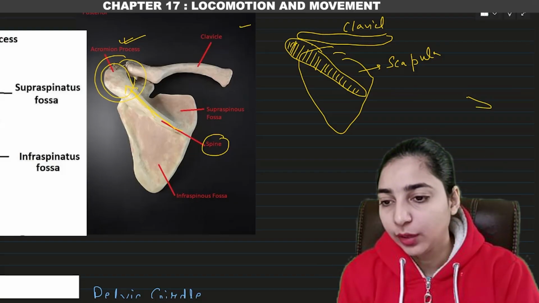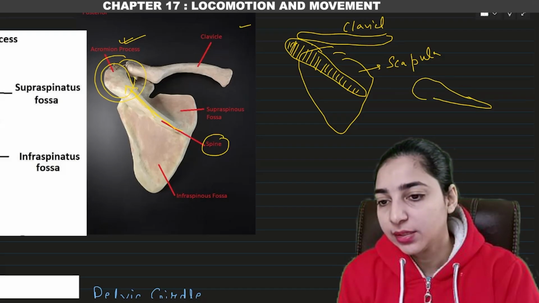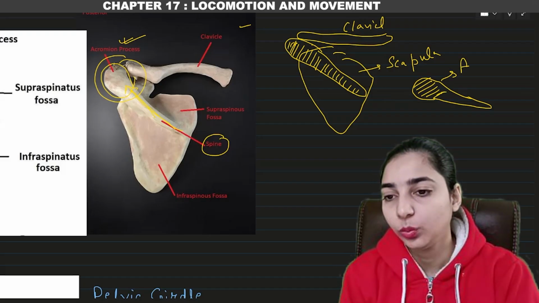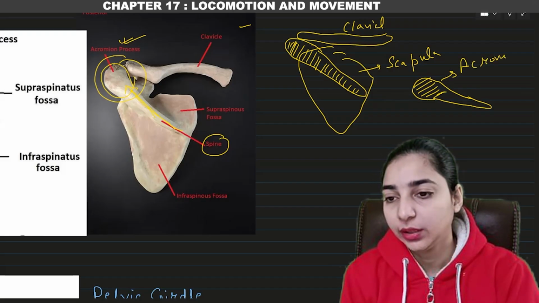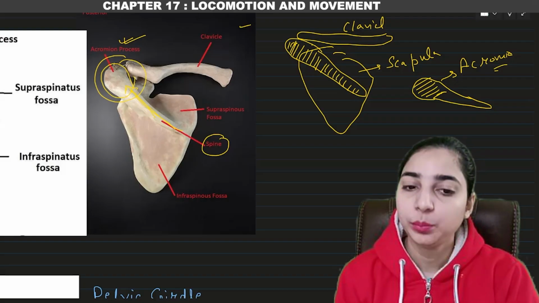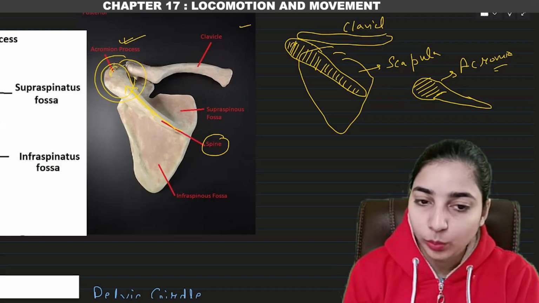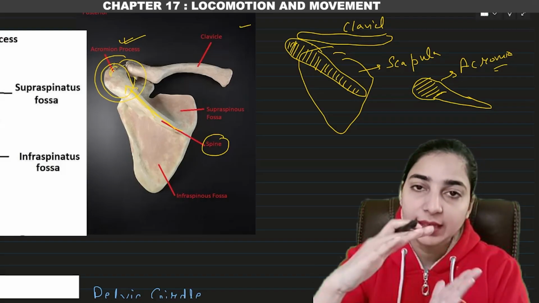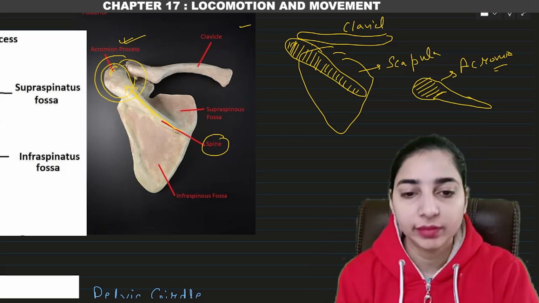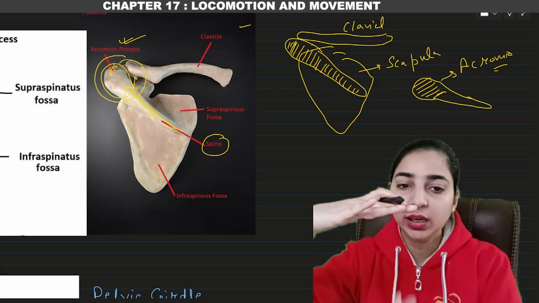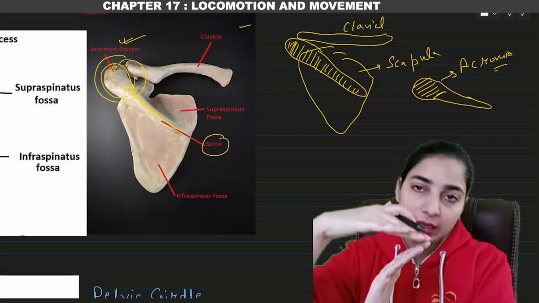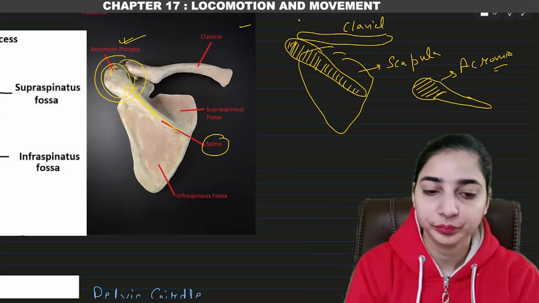It starts very narrow, but then it continues and becomes wider, and the end part is the wider part. Okay, this wide part of the spine is known as acromion or acromion process. Okay, and this acromion part of the spine is attached with the collarbone, that is the clavicle. Okay, so you can see that the clavicle and the acromion part of the spine are connected, right?